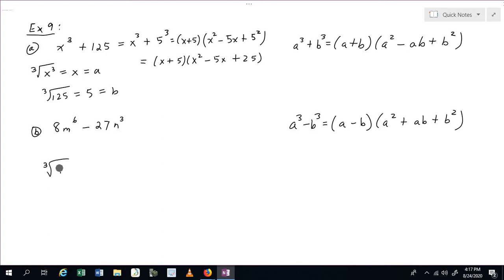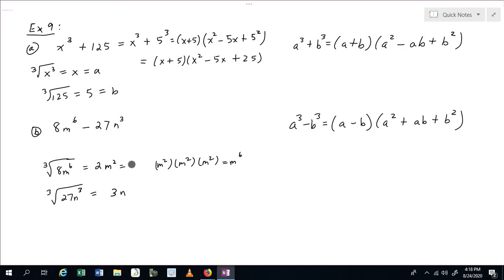The cube root of the first term: the cube root of 8 is 2, and the cube root of m to the 6th power is m squared. That's because m squared times m squared times m squared is equal to m to the 6th power, because you add exponents. Now the cube root of the last term: the cube root of 27 is 3, and of course, the cube root of n cubed is just n.